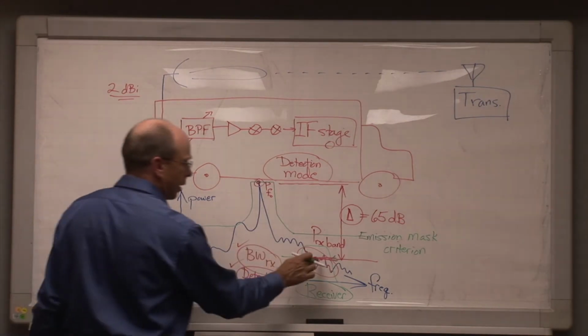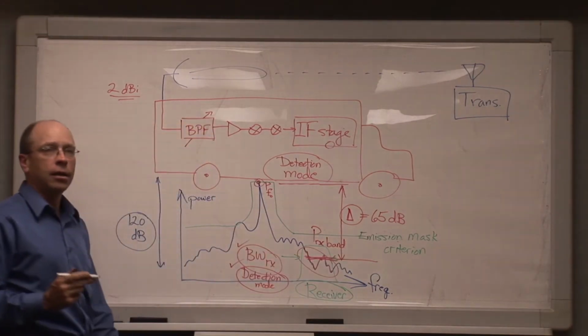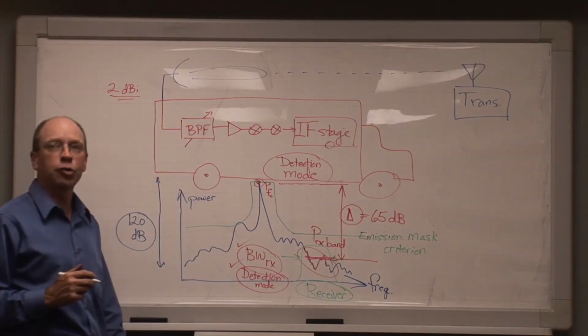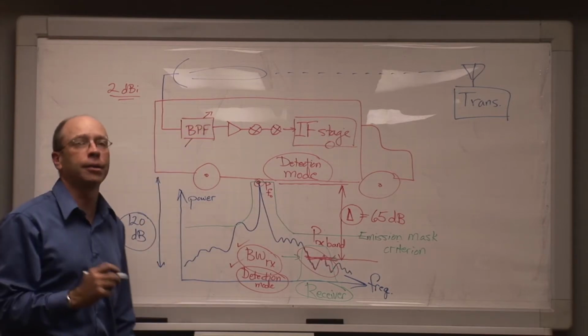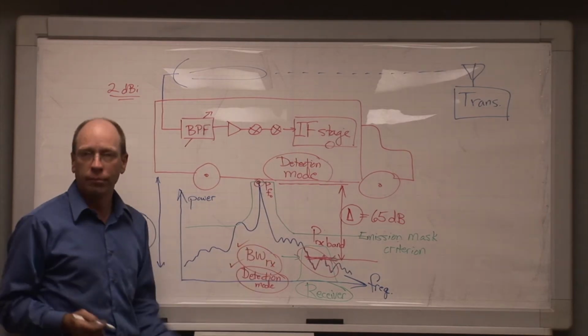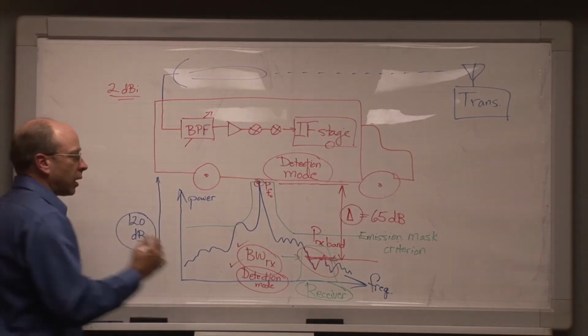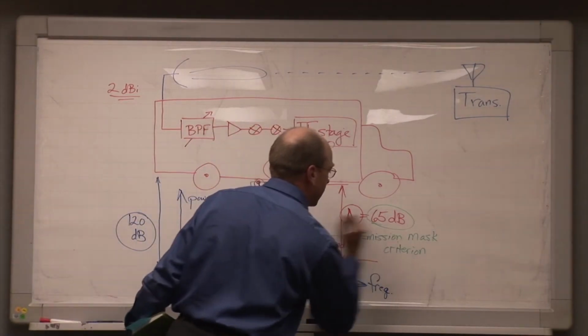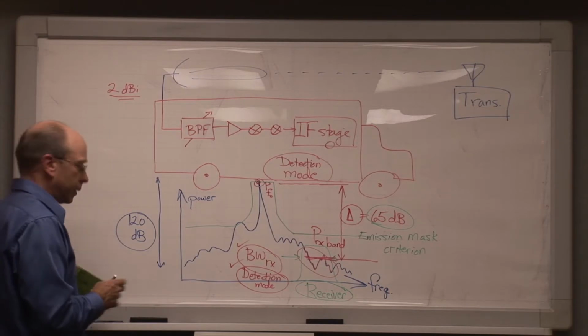If, on the other hand, this transmitter is not meeting the emission mask criteria it's supposed to meet, then basically the cost and the trouble of getting and installing a filter on the transmitter may fall on the people who are operating the transmitter, because they're operating outside the mask boundaries where they should be operating. So let's say, as I said, for the sake of argument, that this is 65 dB offset.